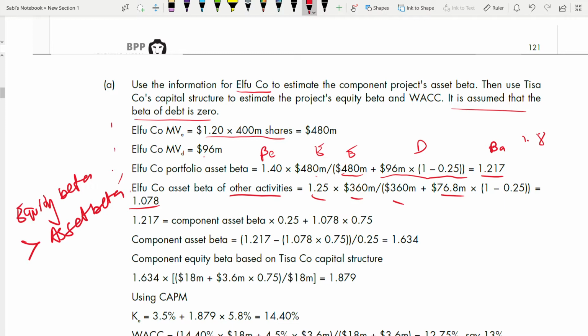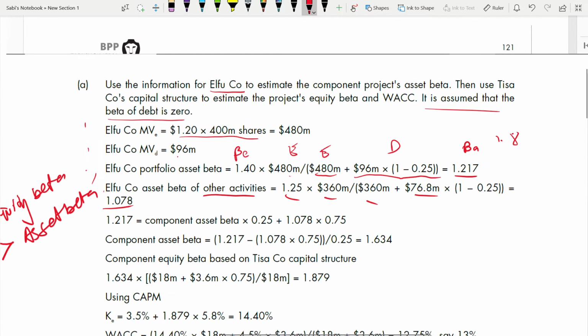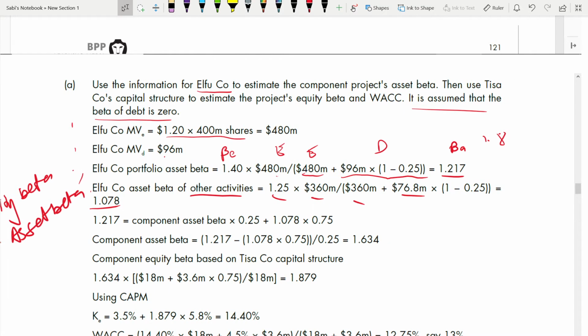So that way at least you can check. So of course for other activities, your asset beta here is 1.217. For other activities it will be less than that, because that 1.217 is the overall asset beta. It includes both other activities and component, right?